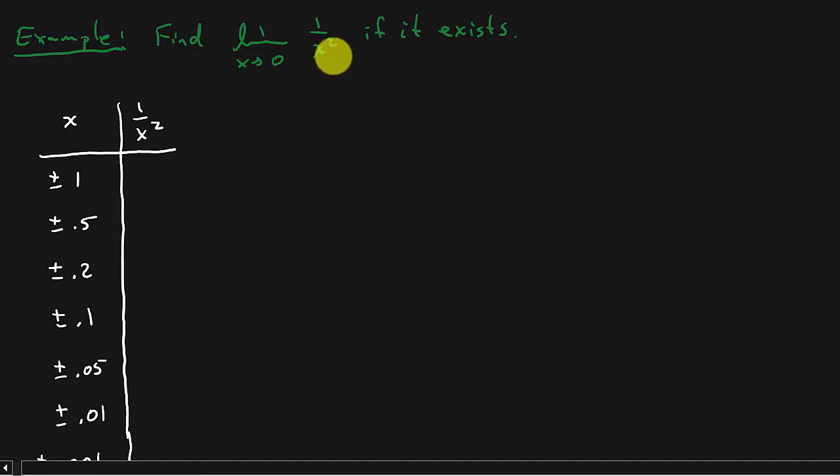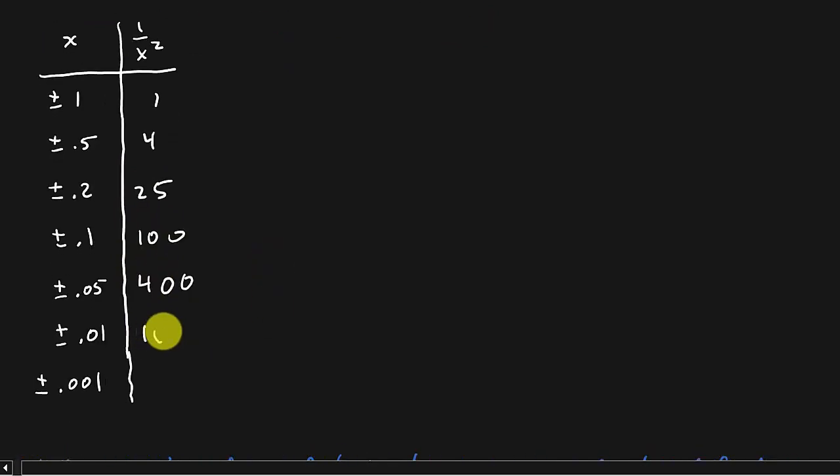I'm going to get the same answer because I'm squaring it. So if I plug this in, I get 1. And look, let's go ahead and plug it in. So we get 4, 25, 100, 400, 10,000, and we get 1 million.